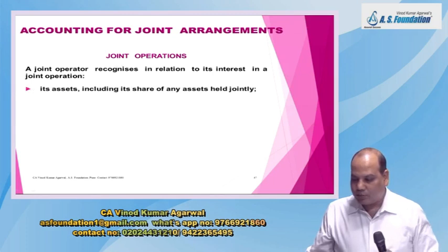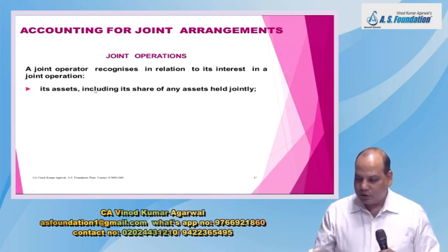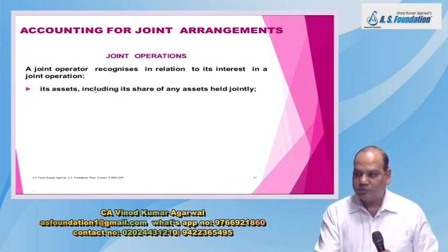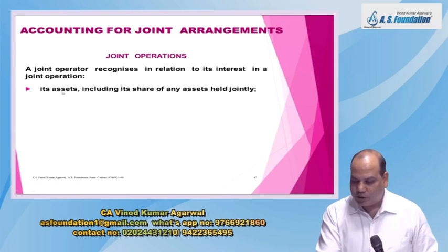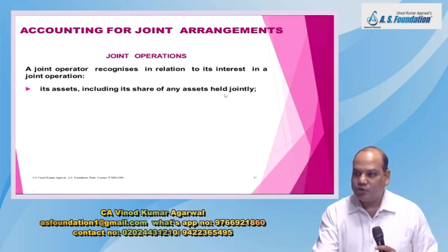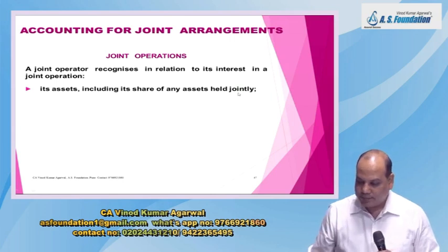So what each operator will do, they will just record their share in assets. They will record their own asset because no new entity is usually created. So whatever asset they own will be there, plus its share of any asset held jointly.